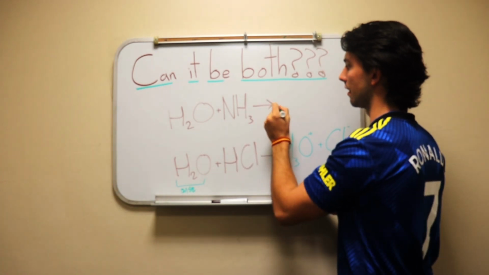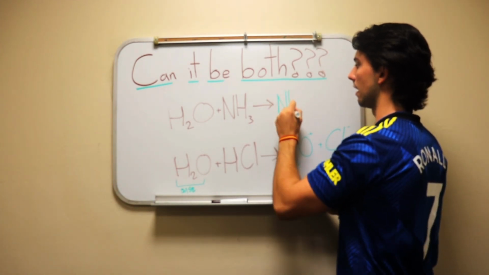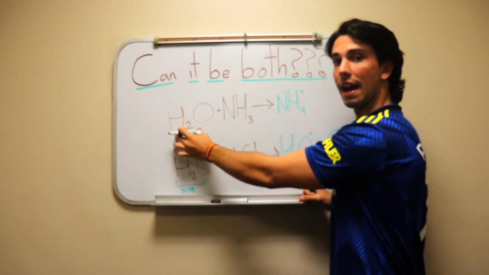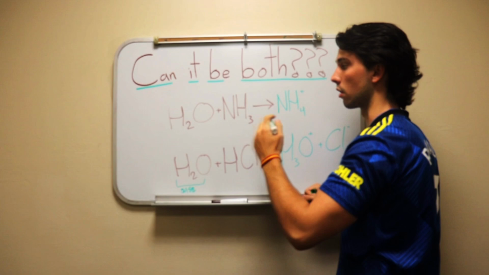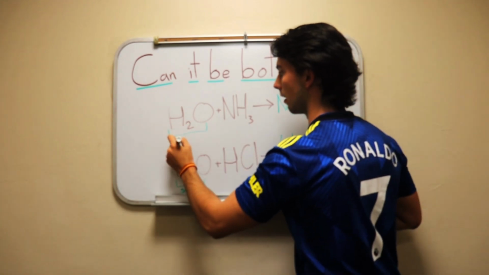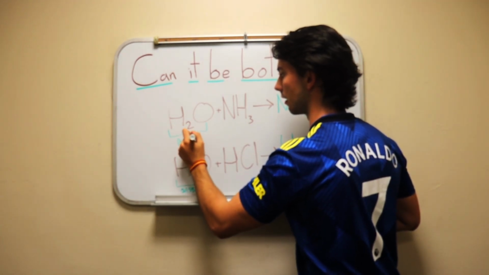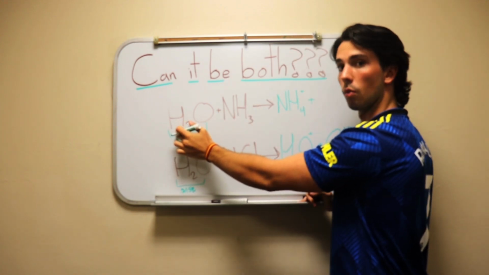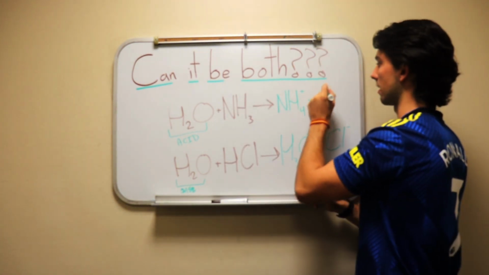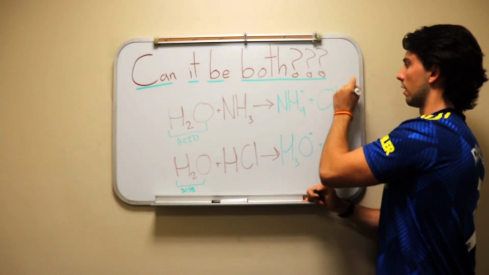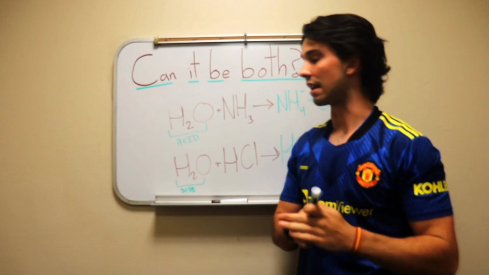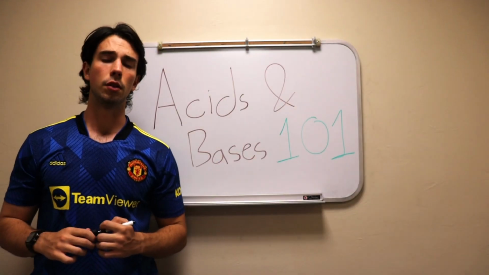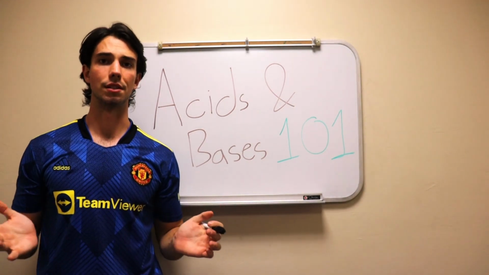So in this case, that ammonia is going to turn into NH4, and the water is going to act as an acid and donate one of its hydrogen ions. In this case, it's acting as an acid. And when we take one of the hydrogens away, what we're left with is hydroxide. Now here we have an example of water acting as both an acid and a base, making it an amphiprotic substance.